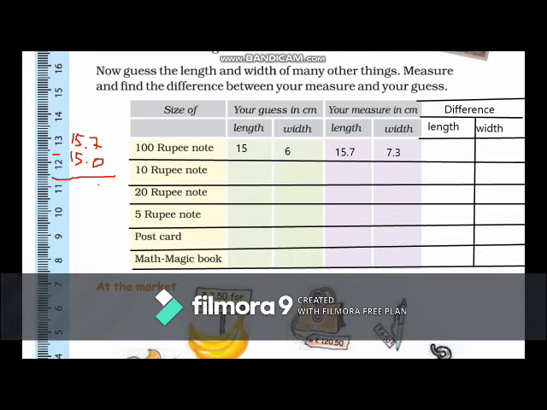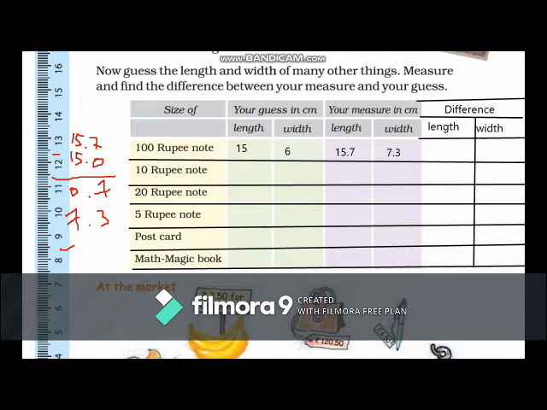So here 7 minus 0 is 7, 5 minus 5 is 0, 1 minus 1 is 0. So the difference is 0.7 in length. And for width, 7.3 minus 6. Similarly here also we have to write one digit after the decimal point.